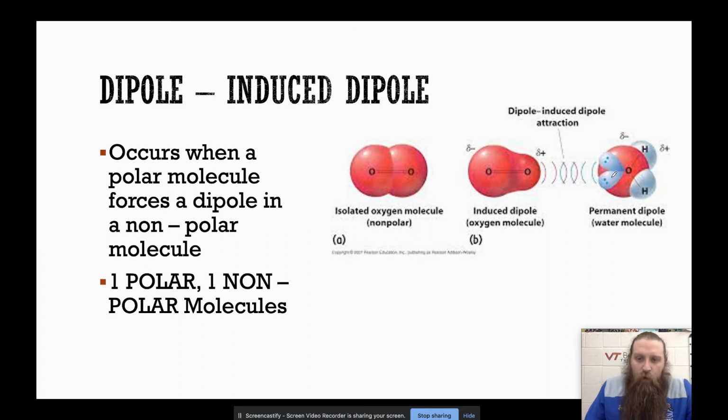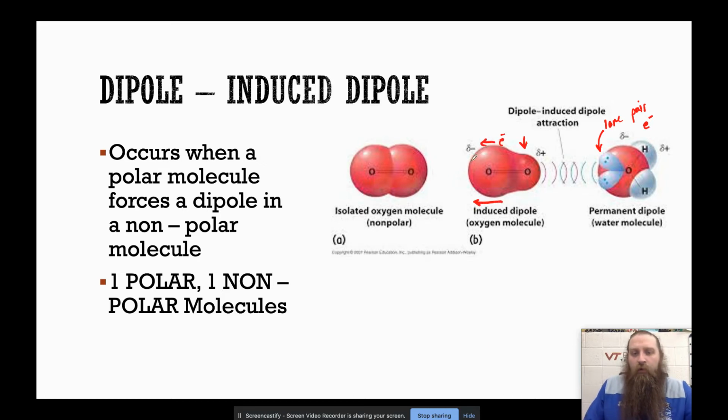But when you put water near that oxygen molecule, the lone pairs, right? So here are our lone pair electrons. Those lone pair electrons repel the electrons that are normally around this oxygen molecule, or atom rather, right there. So the electrons start to move.